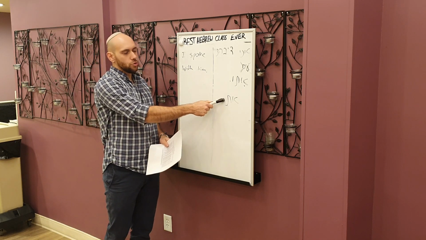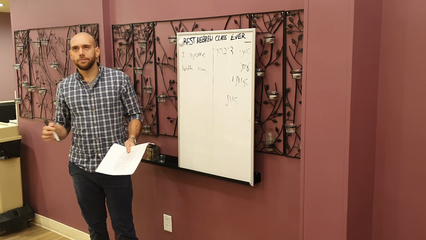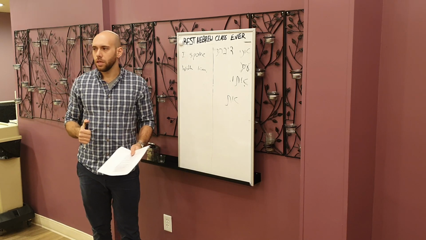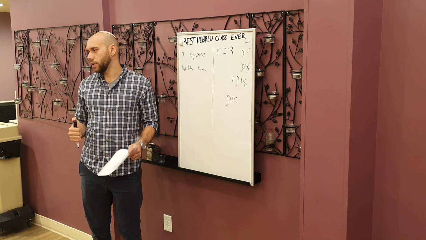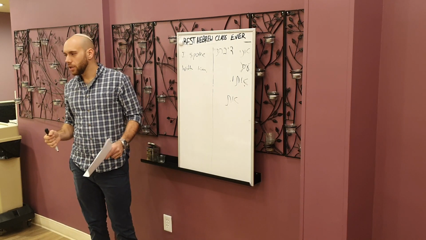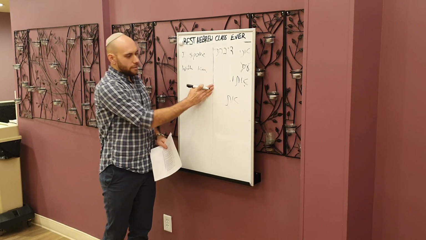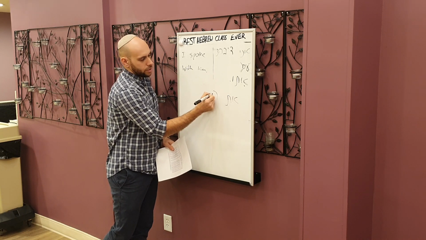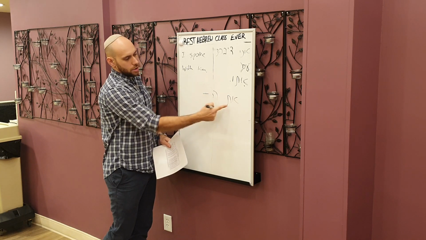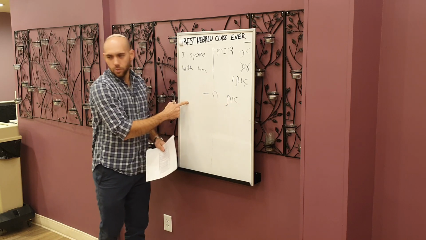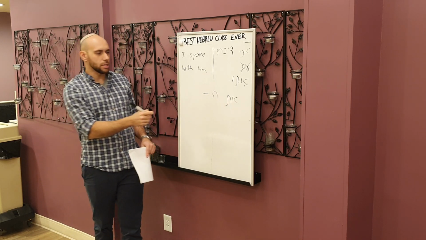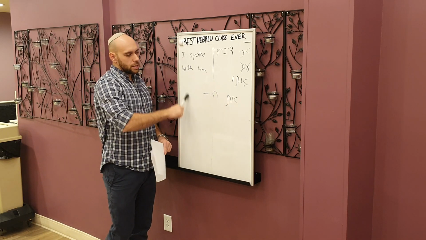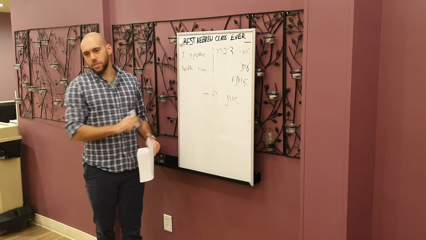Now, it's only used with definite nouns, right? Like with the definite article. So whenever you have et, it's going to have the ha after it, every time. And then the word. It's always going to be et, ha, whatever. And what that means is this word is the direct object of the sentence.